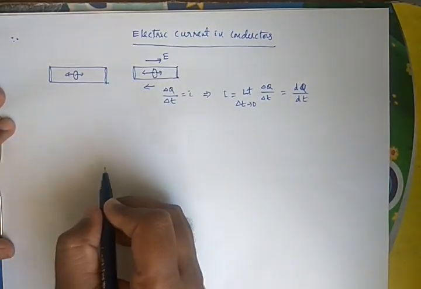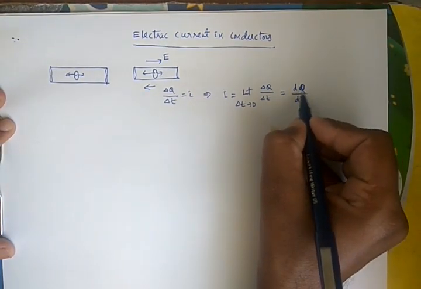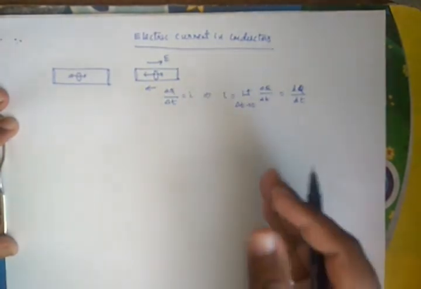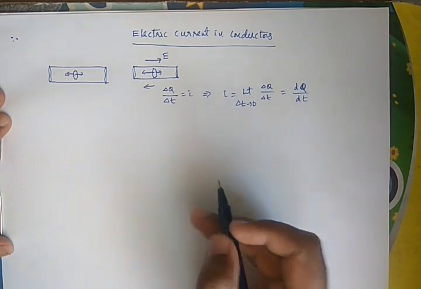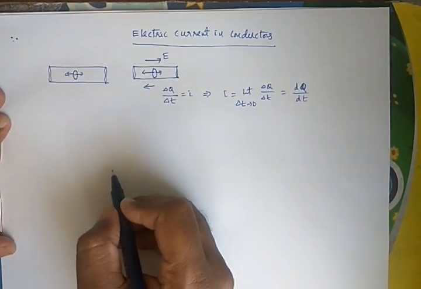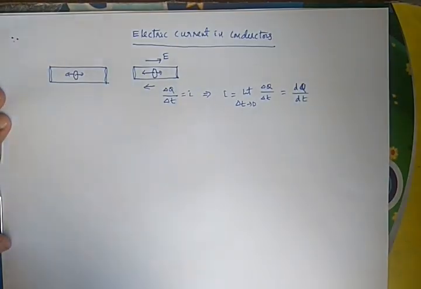In case of lightning, you don't get a constant rate of flow of charge. It may change with time, so you don't get constant current. But when you connect a battery, you get constant current.